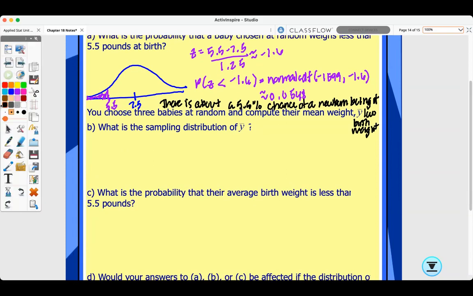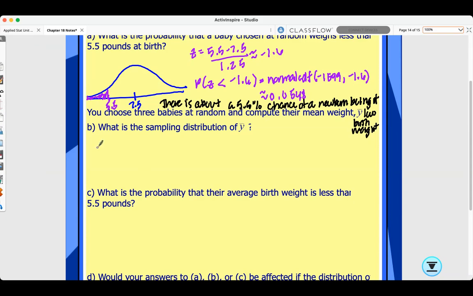You choose 3 babies at random and compute the mean weight, y bar. What is the sampling distribution of y bar? The sampling distribution is normally distributed because the population is normal.